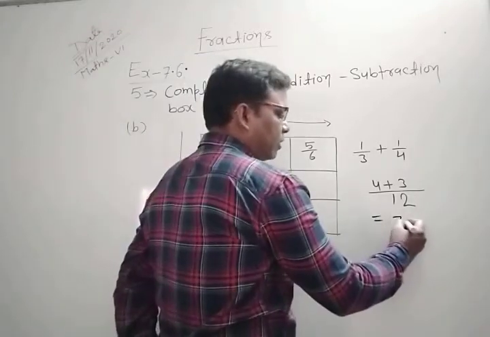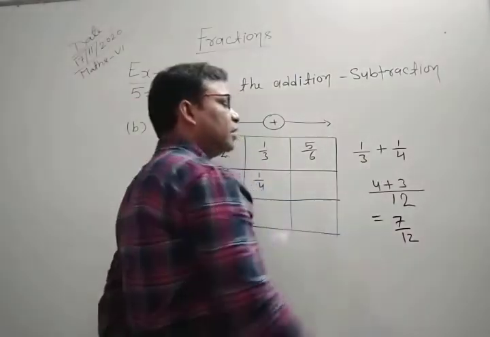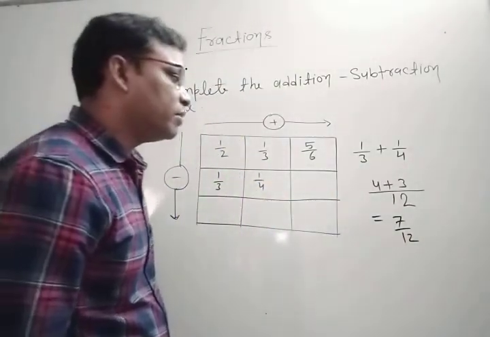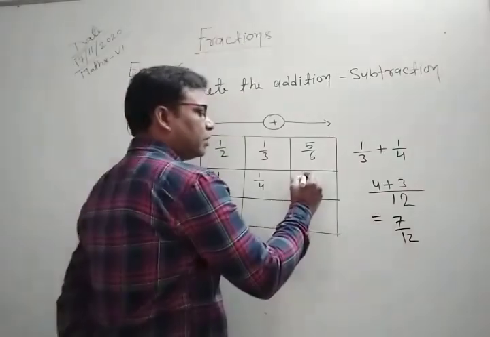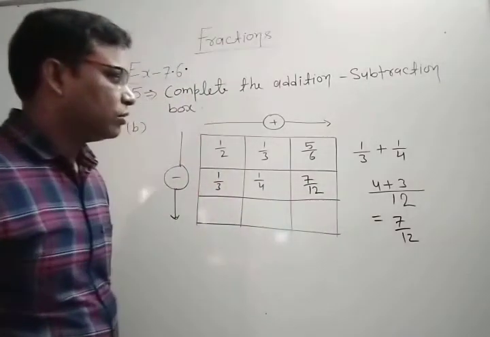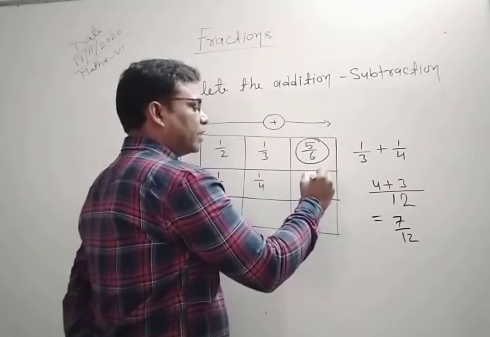So right here we obtain 7 by 12. If you add 1 by 3 and 1 by 4, you obtain 7 by 12. Clear? So students, I hope all of you understood how to add two unlike fractions.